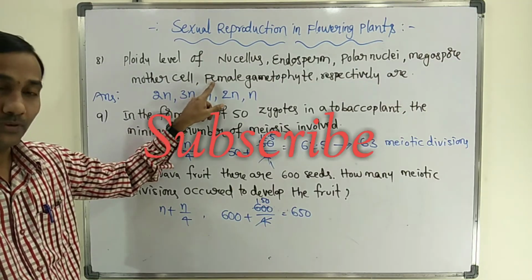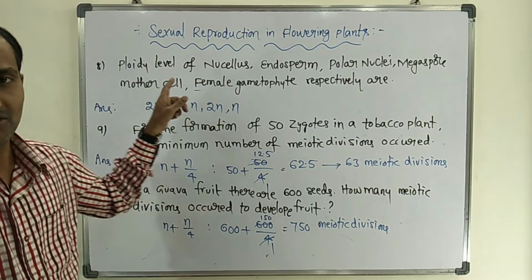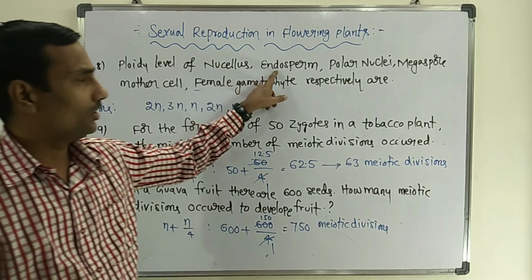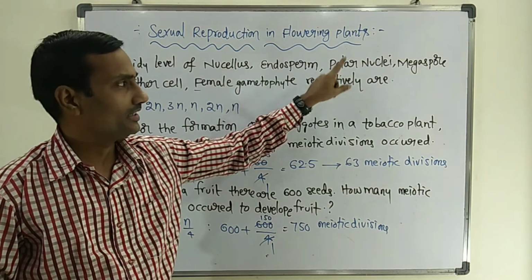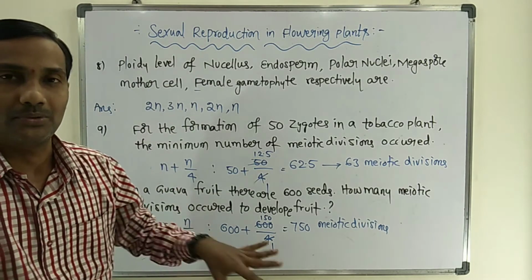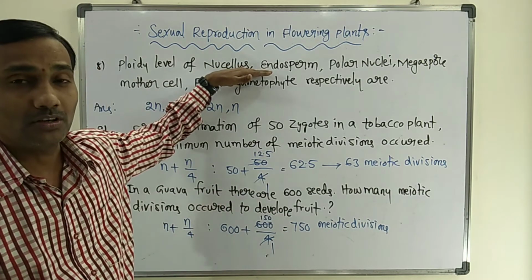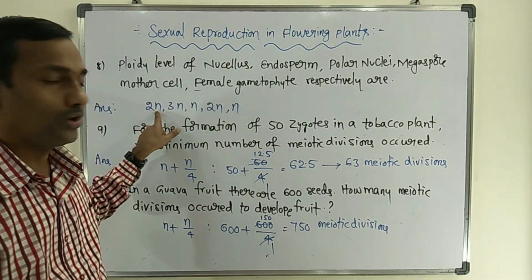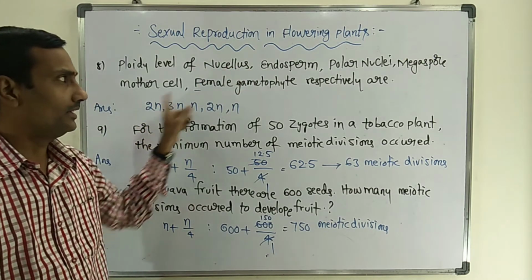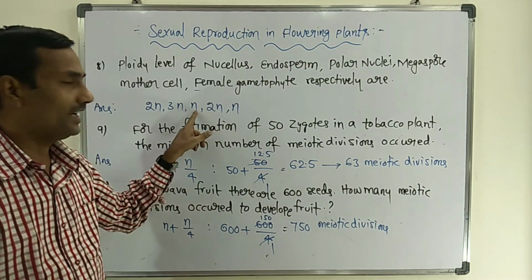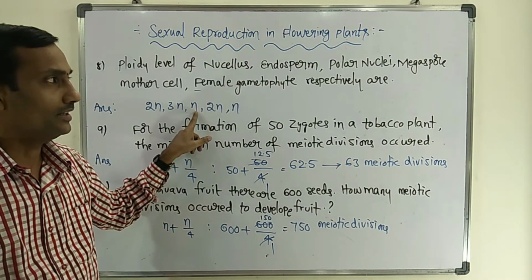A mother cell is diploid. The next question: the ploidy level of nucellus, endosperm, polar nuclei, megaspore mother cell, and female gametophyte, respectively. Nucellus is 2n, diploid. Endosperm is 3n. Polar nuclei are haploid.